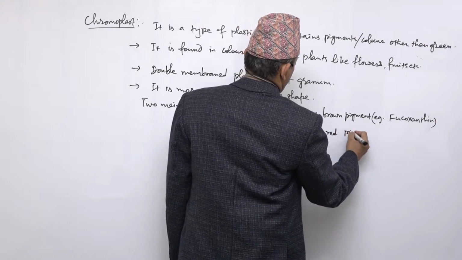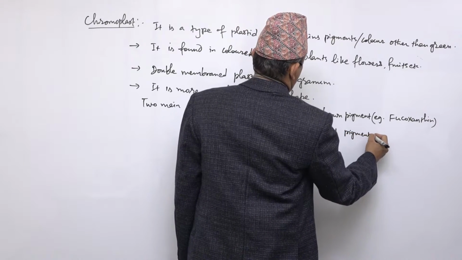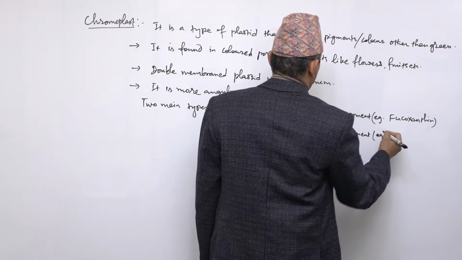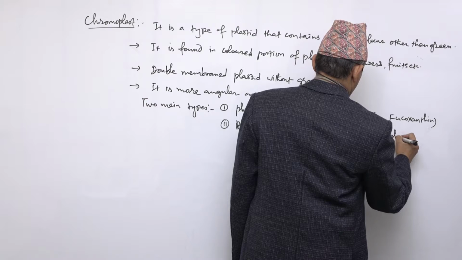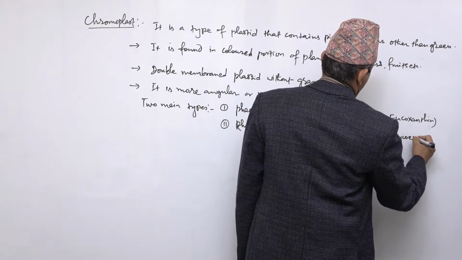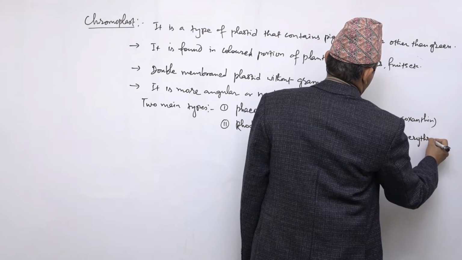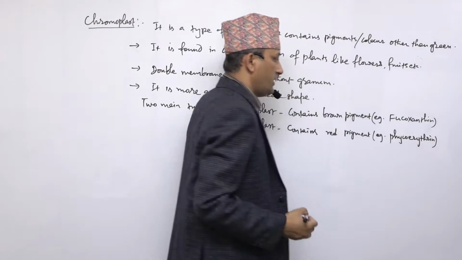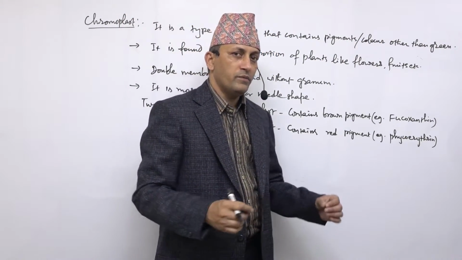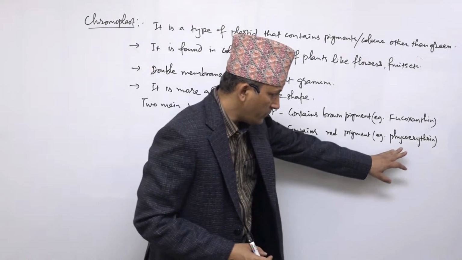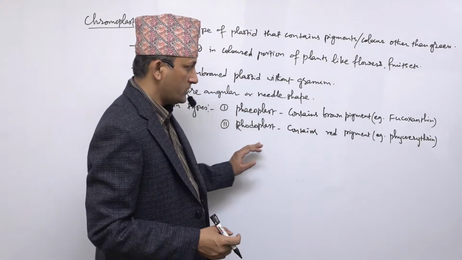red pigment. For example, phycoerythrin. Phycoerythrin is a pigment which gives a red color to the parts. This phycoerythrin pigment is not found inside chloroplast.